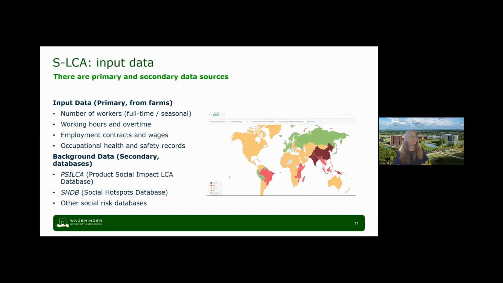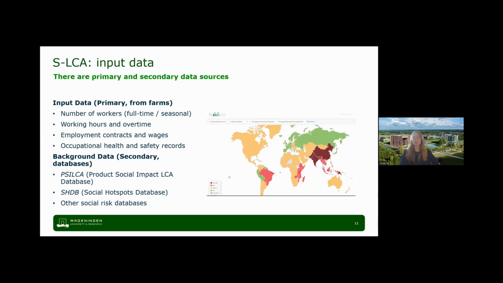And then for the social part, same applies. So we have primary data and secondary data. And primary data might be for us to understand what does the workforce look like, how many people work at a farm, do they work part-time, full-time, what are their roles, working hours, are they paid above minimum wage, did any accidents happen, things like that.